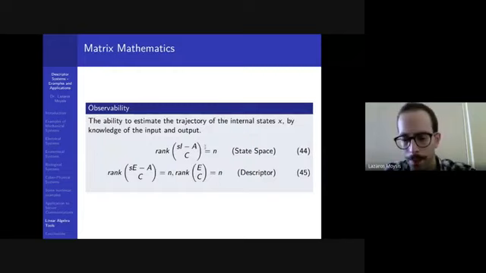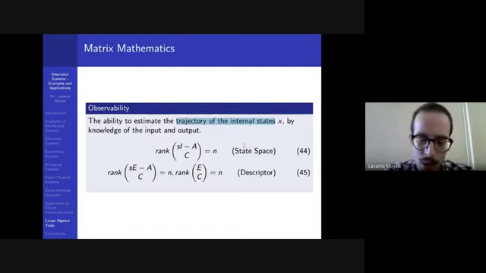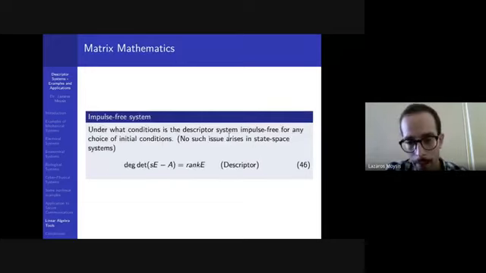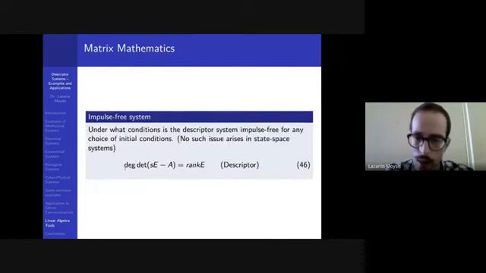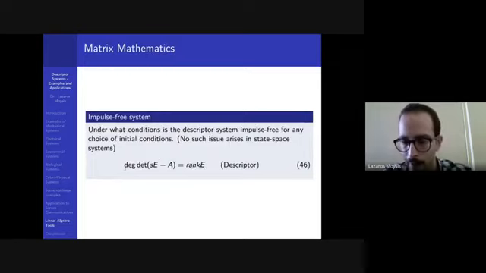Again, for observability, which is the ability to estimate the internal states of the system by taking a look at the output, for state space and descriptor systems as well, you need knowledge of matrix rank criteria. So again, you need linear algebra. And for an impulse-free system that I discussed before, if you want to study under what conditions a system becomes impulse-free, you can have, very simply, rank conditions and determinant conditions to specify that.